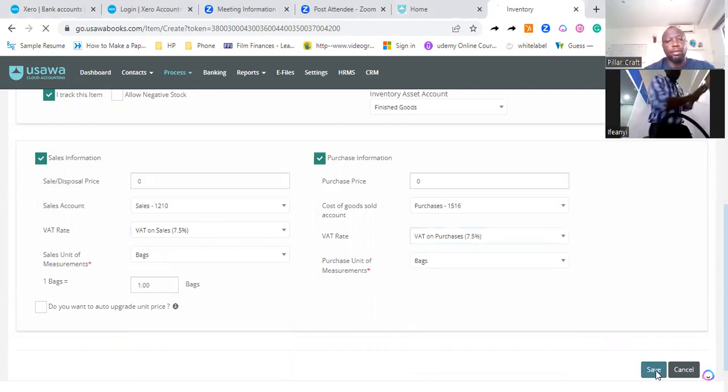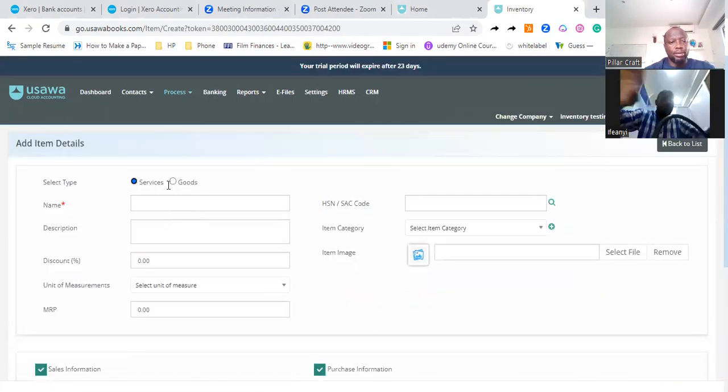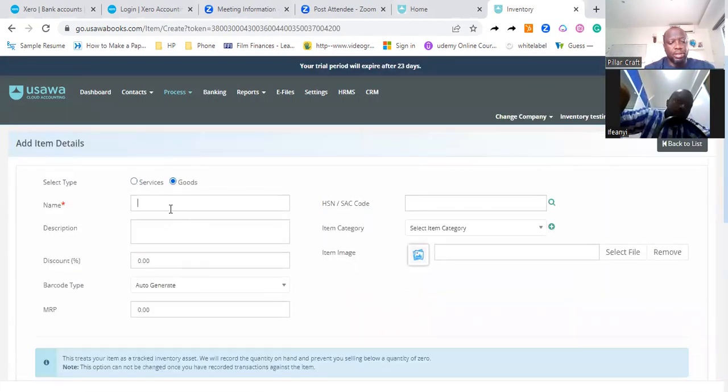And then you have another item, which is the wholesale retail rice.